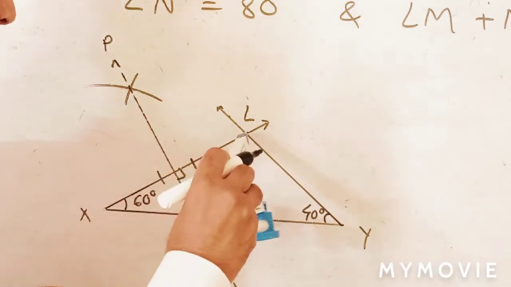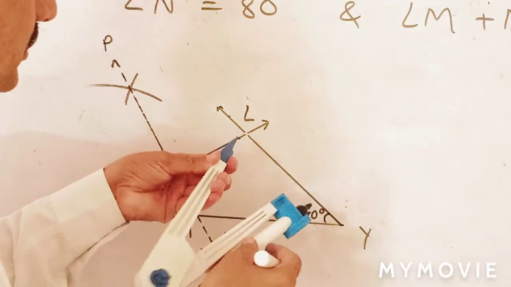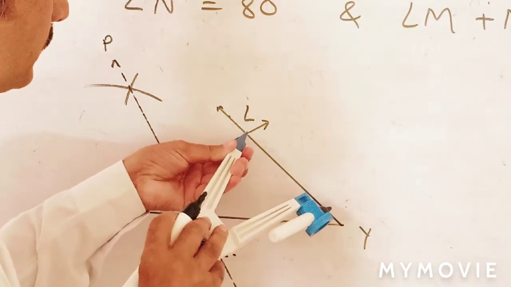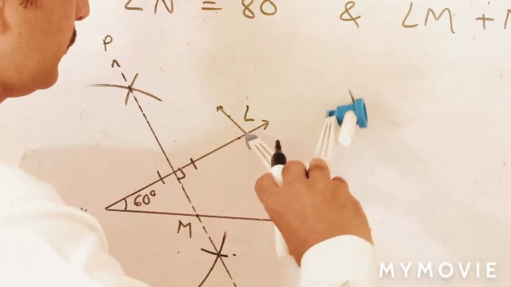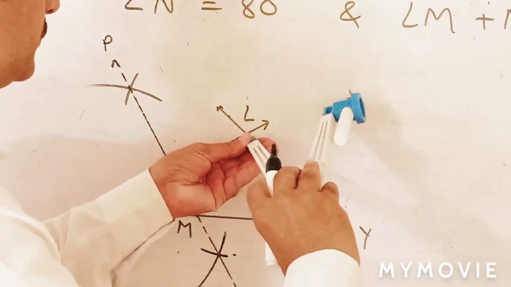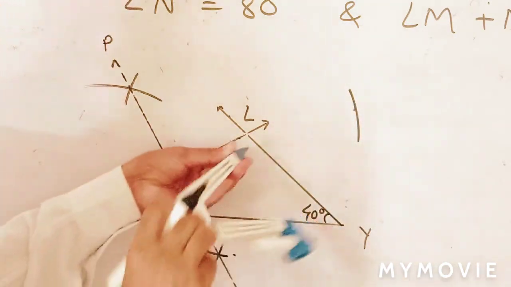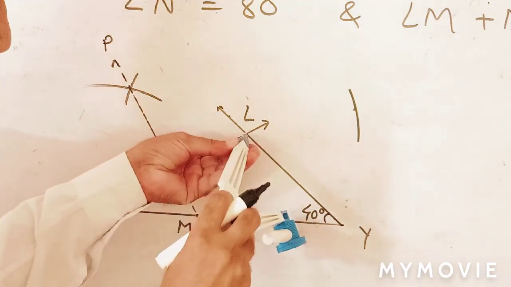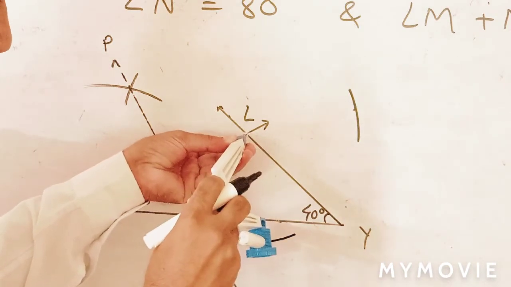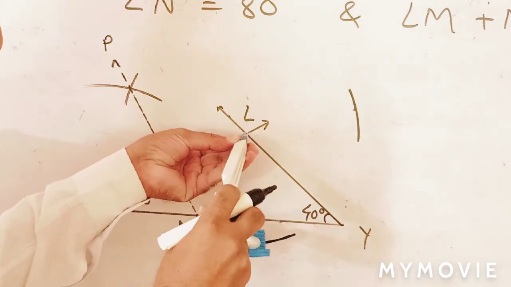Do it carefully. More than half. One arc this side and another arc downwards.